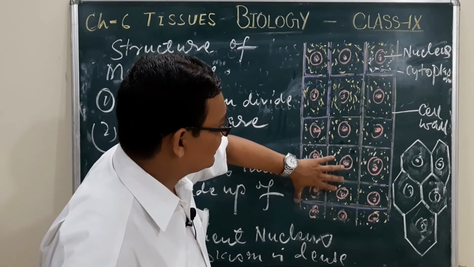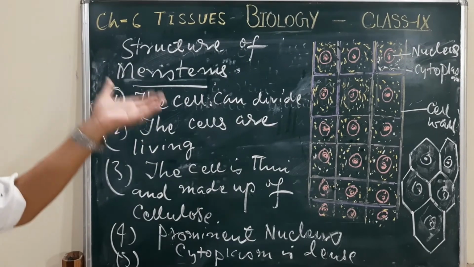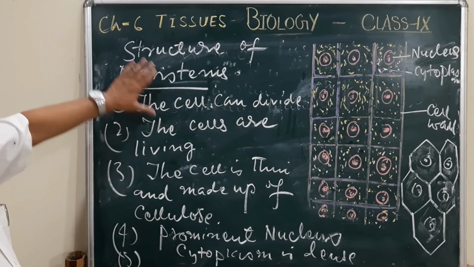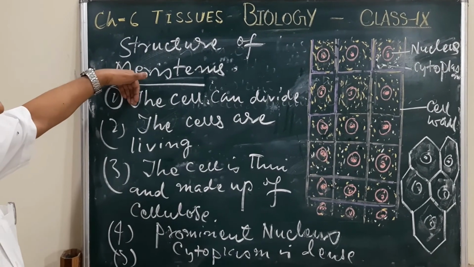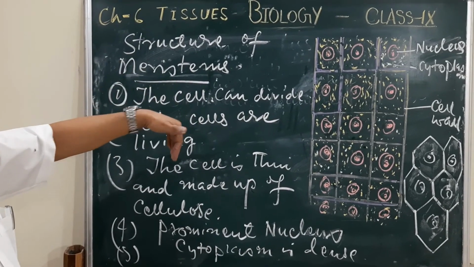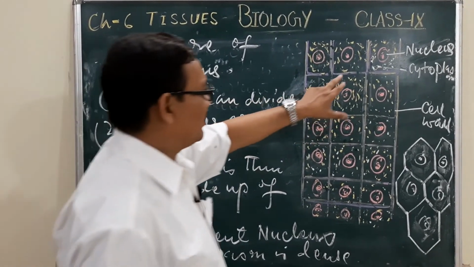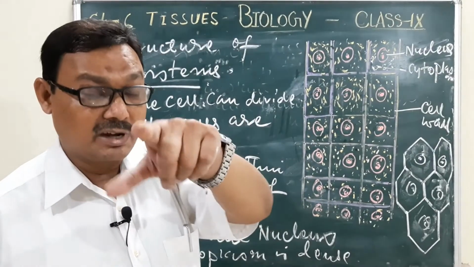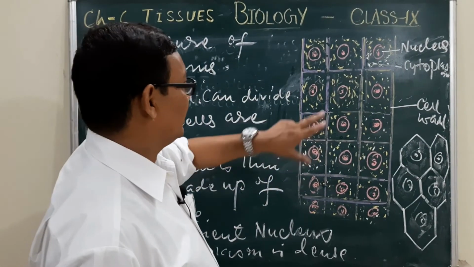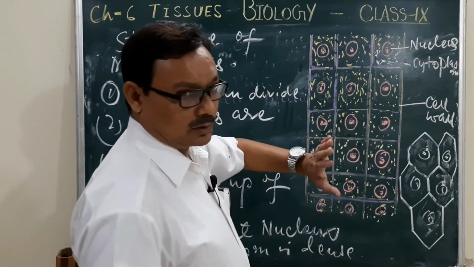We will discuss more about its type and its distribution in the next class, but now I would like to clear that question, why there is no vacuole.